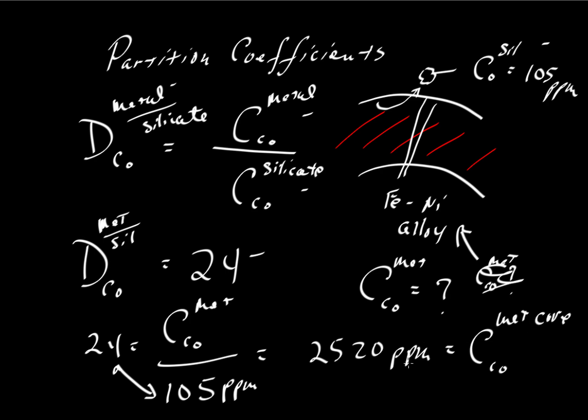Now that is valid. This concentration is valid only to the extent that our experiments are valid and to the extent that our estimate of 105 ppm really does represent the mantle on the whole. So there are ways of making errors, ways of making very large errors. Maybe the distribution coefficient changes as a function of temperature or pressure that throws it away from a value of 24.